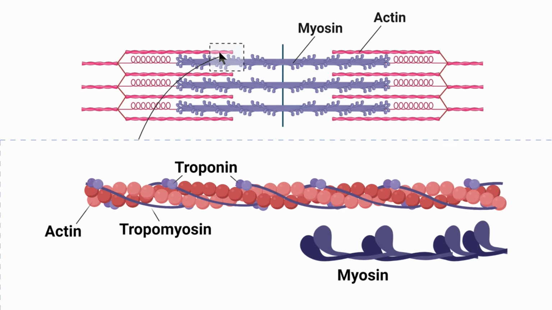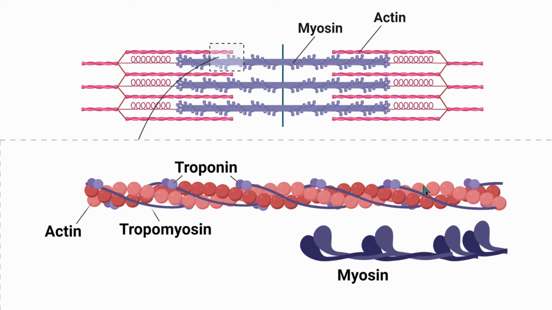And here, then, if we zoom into this interaction between actin, which is right here, and myosin, which I've tried to color code as well, you'll find that actin has two particular proteins that are bound to it or interact with it as well. And one of them is called tropomyosin, which is kind of coiled around the actin thin filament.